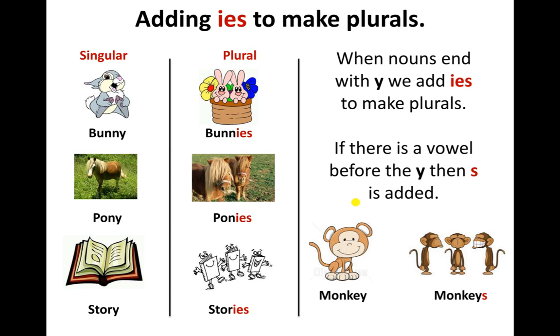Here the word monkey is ending with Y, but notice carefully, there is a vowel before Y, that is E, right? So if there is a vowel before the last letter, that is Y, we will add only S and not IES.